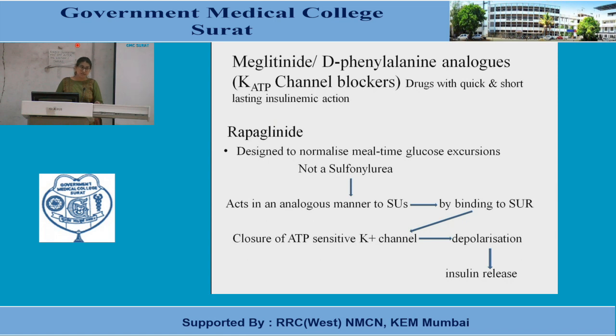Which are the drugs? Repaglinide. Repaglinide is designed to normalize mealtime glucose excursion. Whenever we are having food, there is a sudden increase in the level of blood glucose. For that, this drug, repaglinide, is designed.